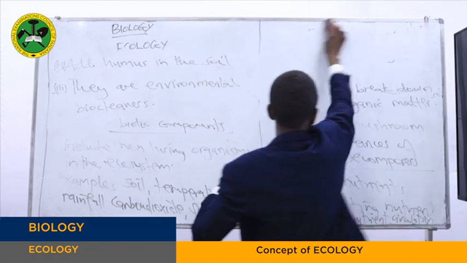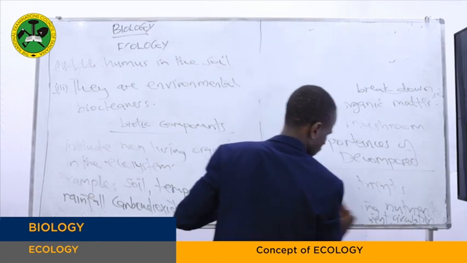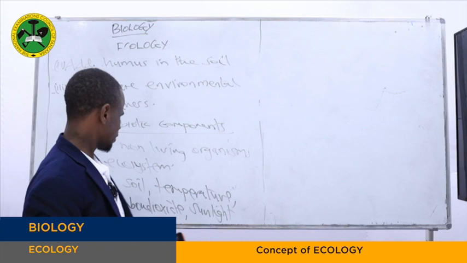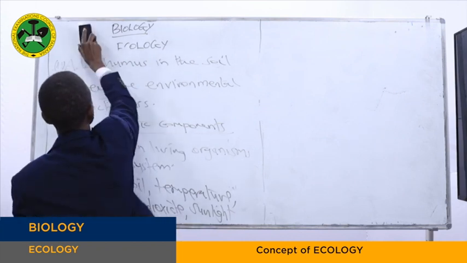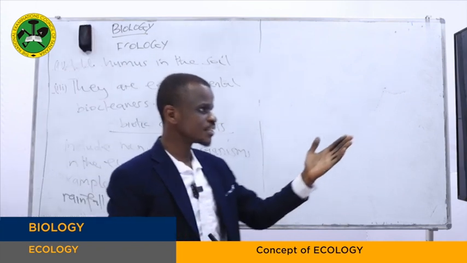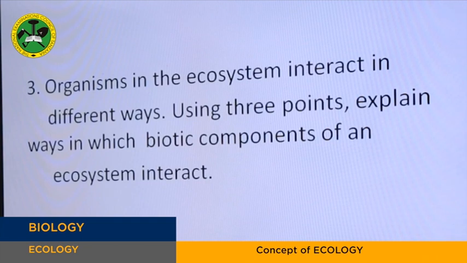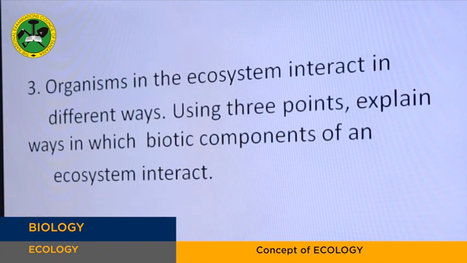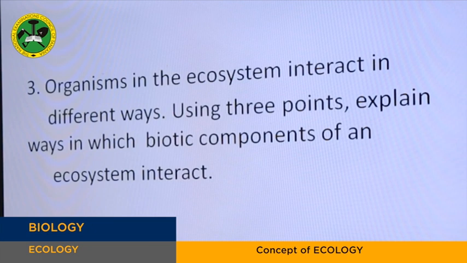My student, let us see now question number 3. Organisms in the ecosystem interact in different ways. Using 3 points, explain ways in which biotic components of an ecosystem interact. Our question is on biotic components. How do biotic components interact?